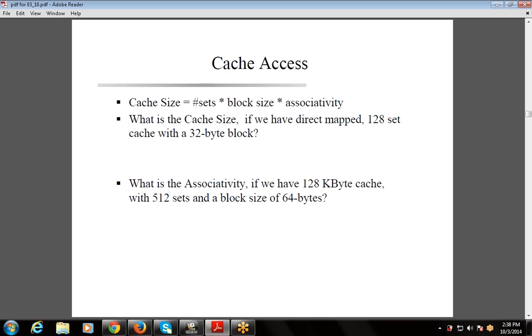What is cache access? That is how the CPU accesses data from the cache memory. Cache size equals the number of sets times the block size times the associativity. So there are three concepts: number of sets, block size, and associativity, which together are known as the cache size.